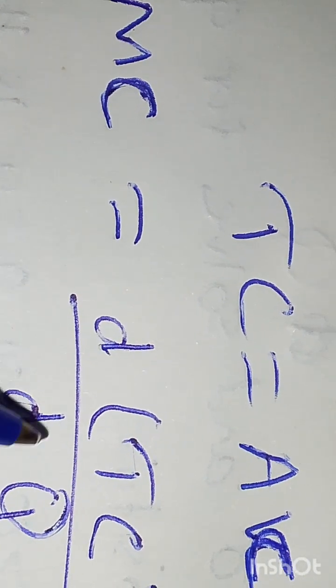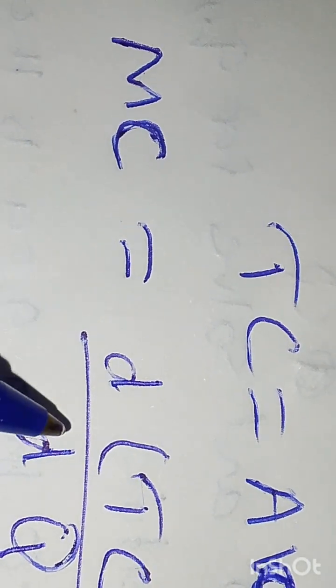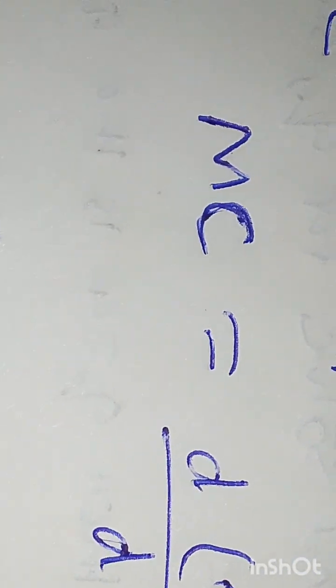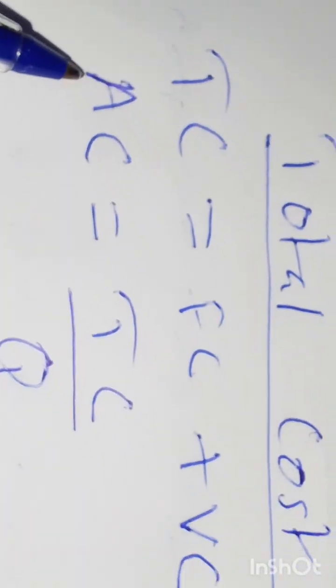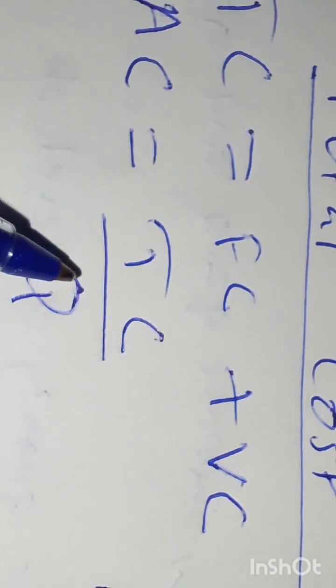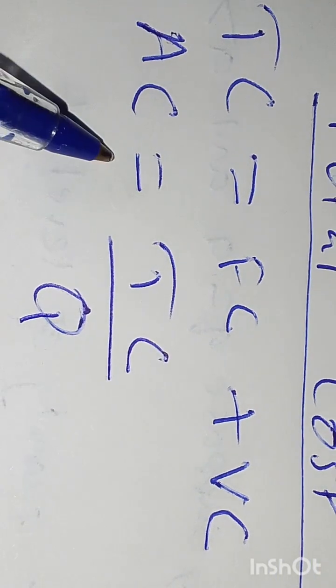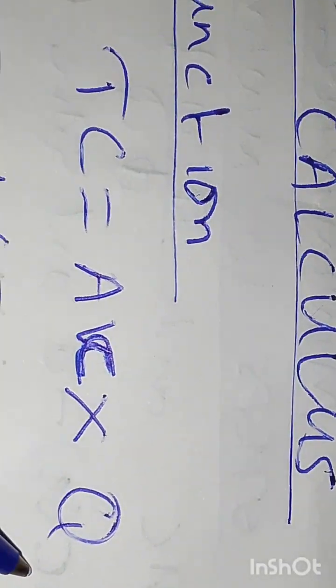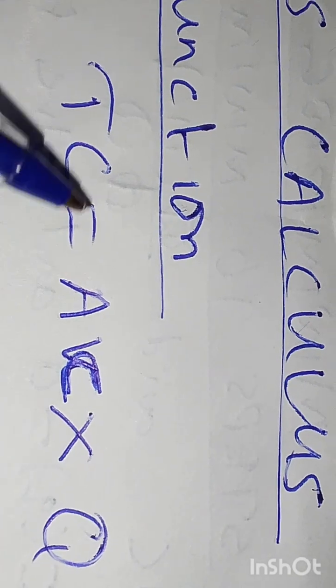So if you differentiate total cost, you have marginal cost. From the formula for average cost, average cost is equal to total cost over quantity, so we can get the total cost function out of this: total cost is equal to average cost times quantity. This is the other formula for total cost, average cost times quantity.